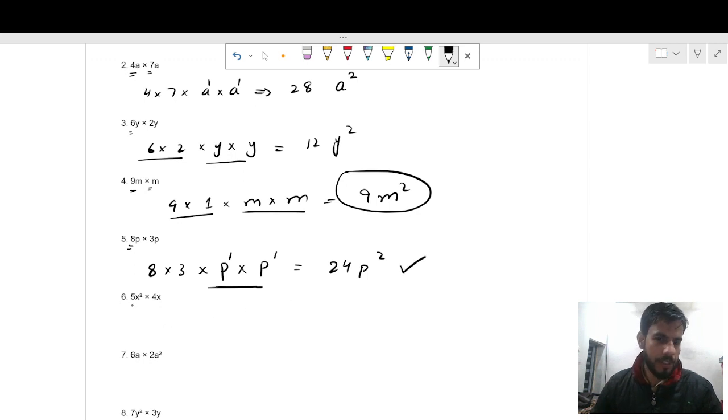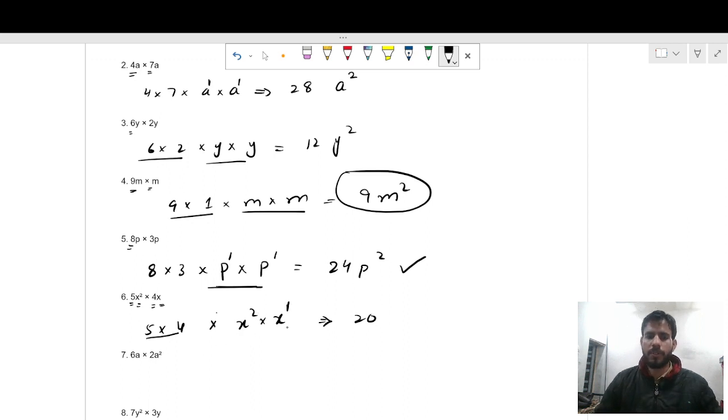In question number 6, 5x to the power of 2 plus 4x. Now first of all, again we will multiply 5 with 4, so 5 times 4 times x squared times x. As you can see, 5 times 4 is again 20, and x squared, and this power is 1.